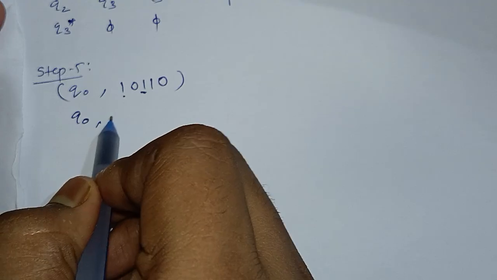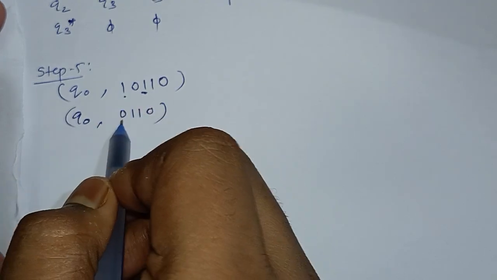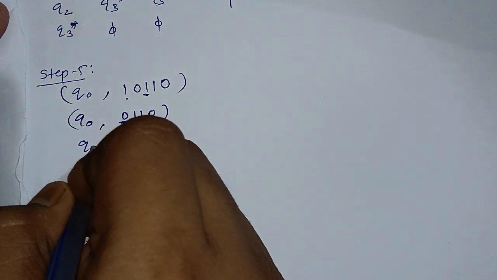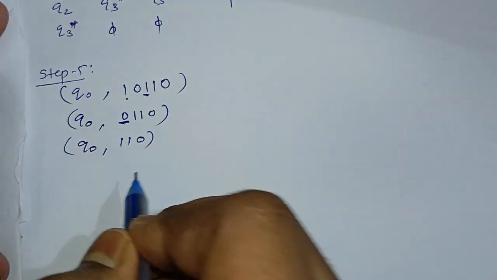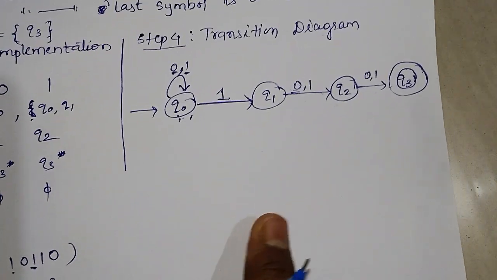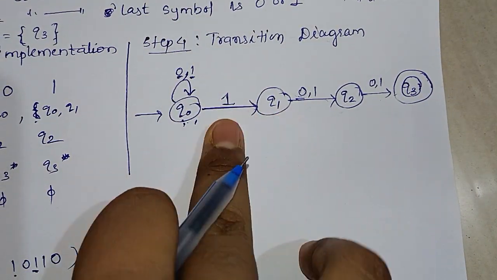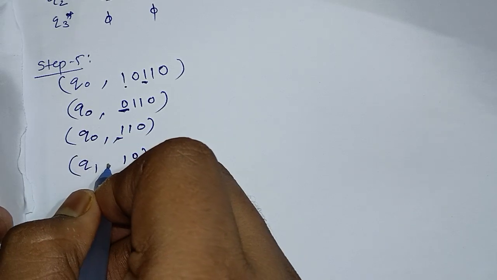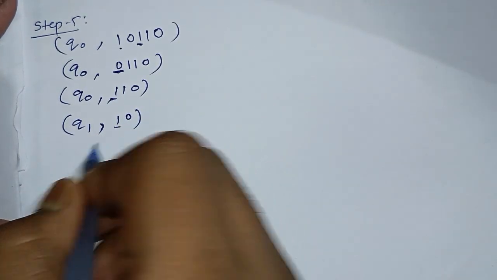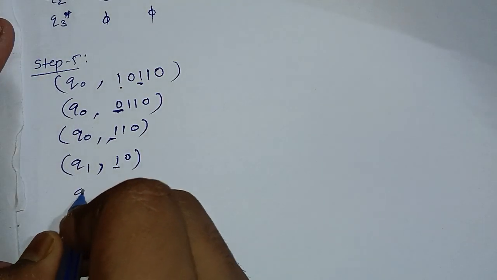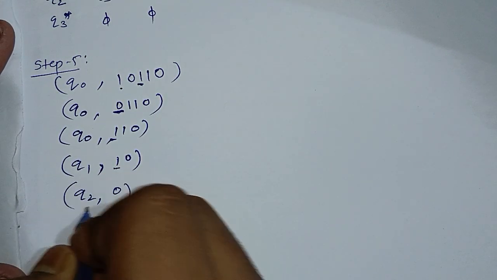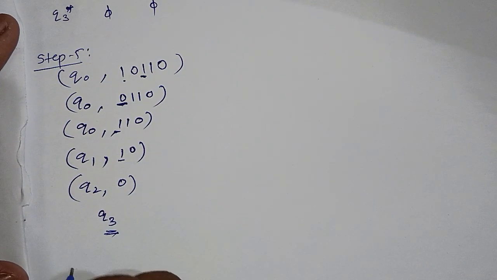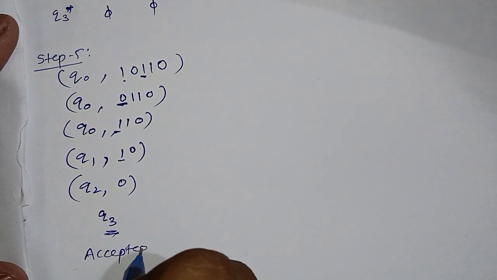Since this 0 is also not the third last symbol, it stays the same. Yes, this is the third last symbol and it is 1. Based on this, it will go to Q1. Q1 receives 1 or 0, it will go to Q2. Q2 receives 0, it goes to Q3.